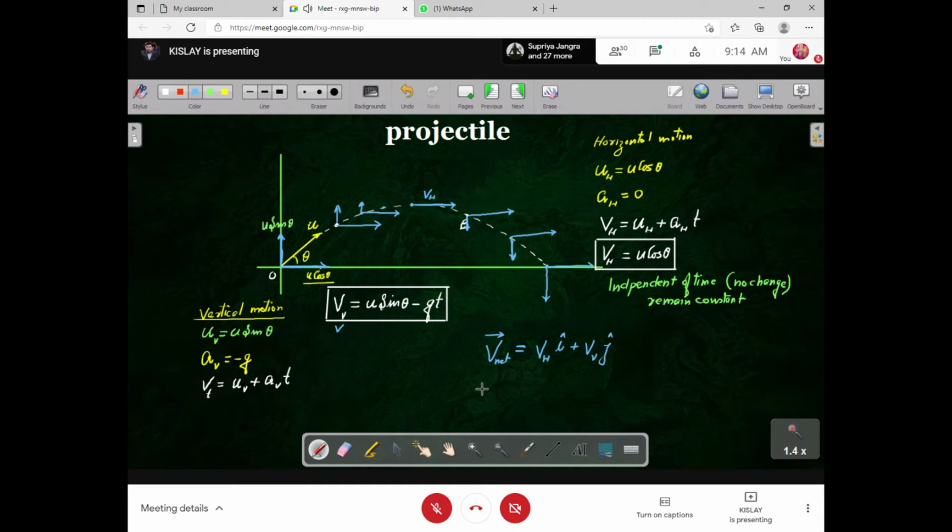And similarly, if someone wants to find the magnitude, then V net is equal to the square root of V horizontal square plus V vertical square. This will be the net velocity at any moment of time. So this is the variation of velocity of a projectile.